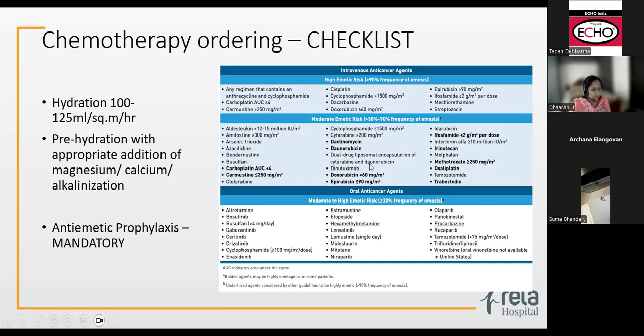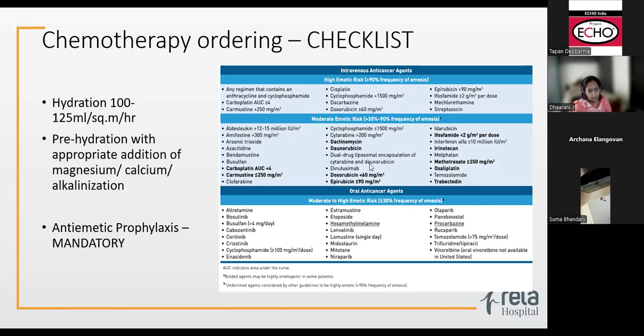Most of the drugs are in the moderate emetogenicity group, and the very low emetogenicity group is the lower one. So most of the tablets, targeted therapy, all these are minimal emetogenicity. Moderate emetogenicity will include daunorubicin, doxorubicin, cyclophosphamide, cytarabine, ifosfamide, methotrexate, or carboplatin, all these things.